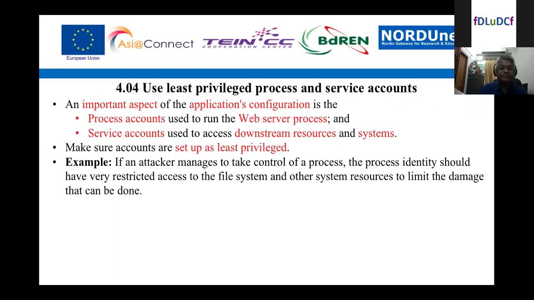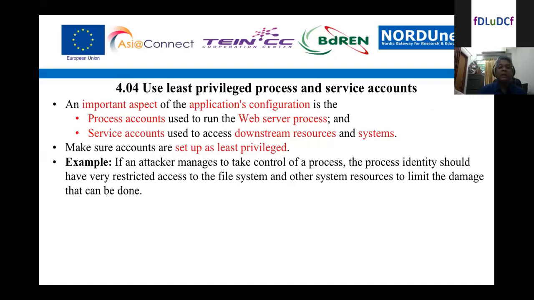And then use least privileged process and service accounts. An important aspect of the application configuration is the process account used to run the web server process, and the service account used to access downstream resources and systems. So make sure accounts are set up as least privileged.